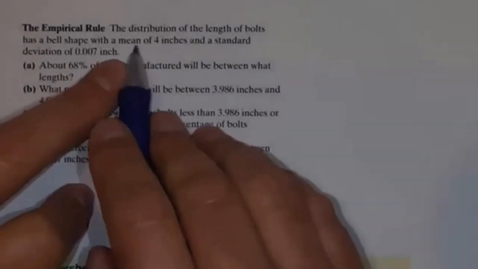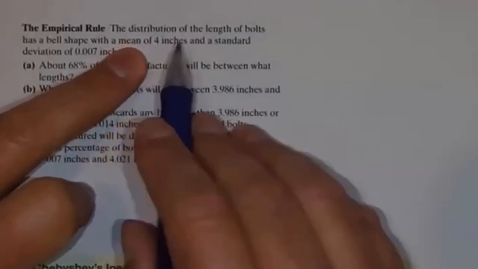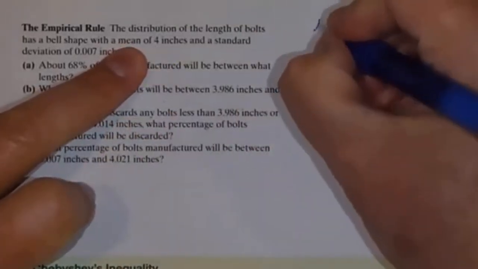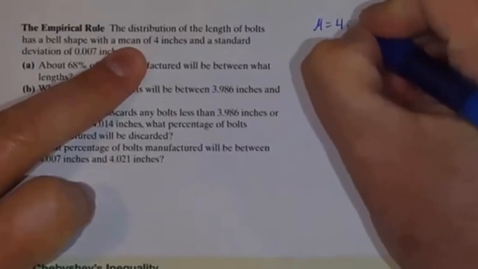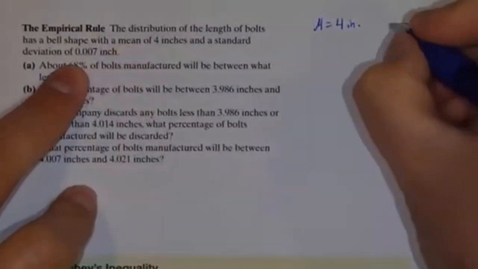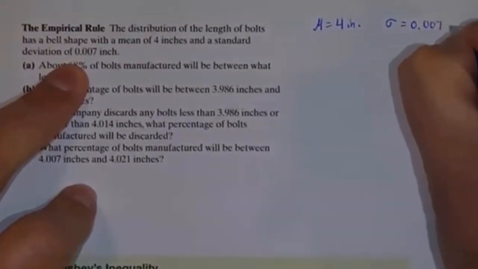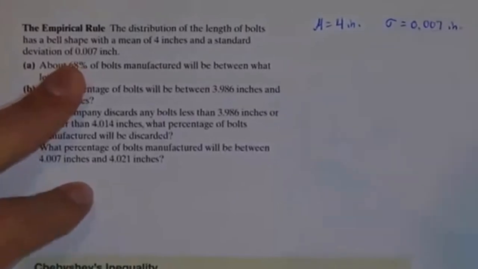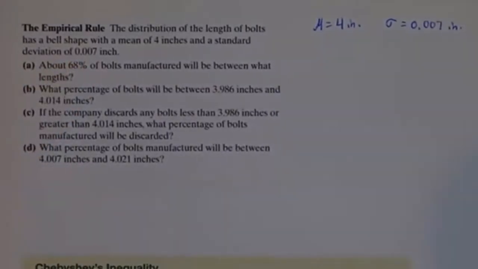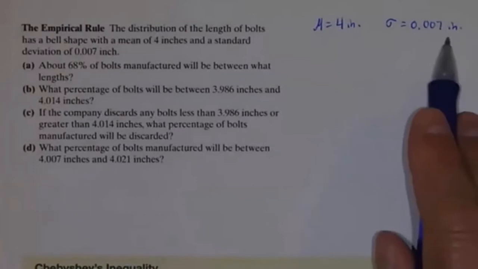First of all, we're told that the mean length of the bolt is 4 inches. So that is mu. Mu equals 4 inches. We're told that the standard deviation for these bolts is 0.007 inches. So as this manufacturer is making these bolts, there's a little bit of variation, right? And that variation is judged by this standard deviation.